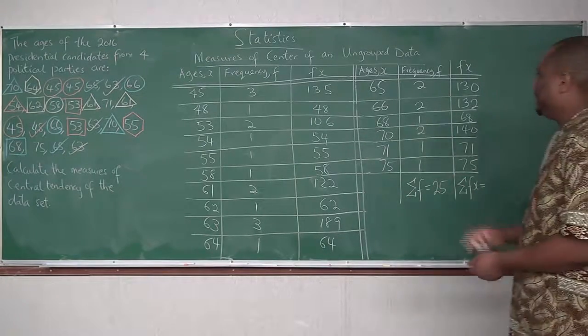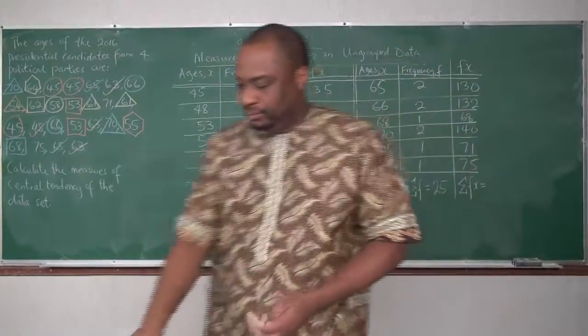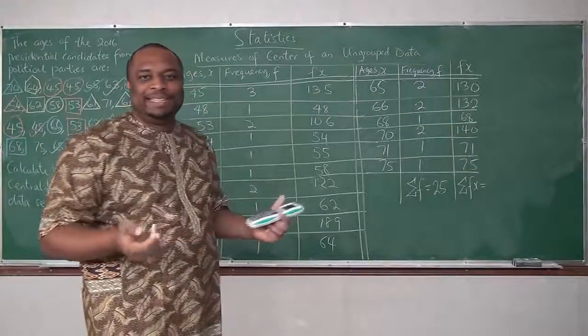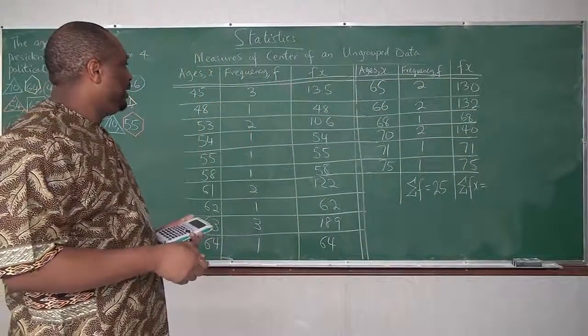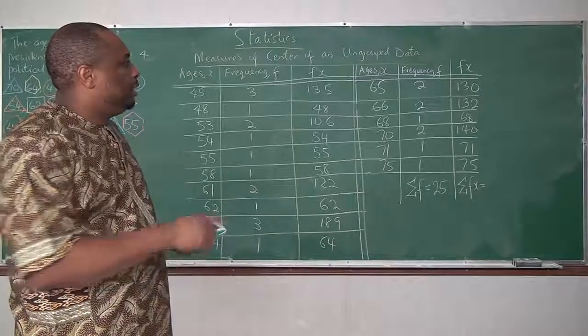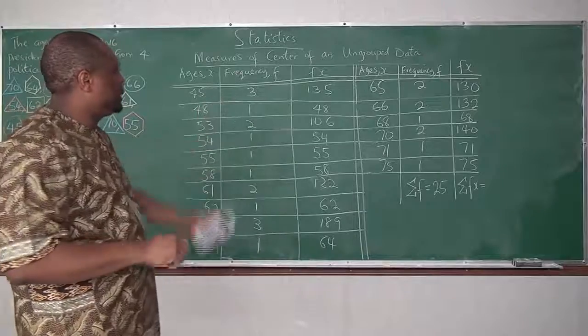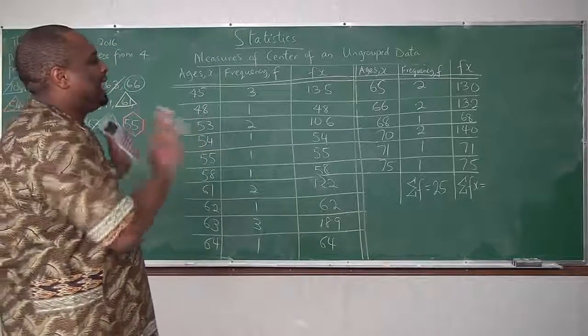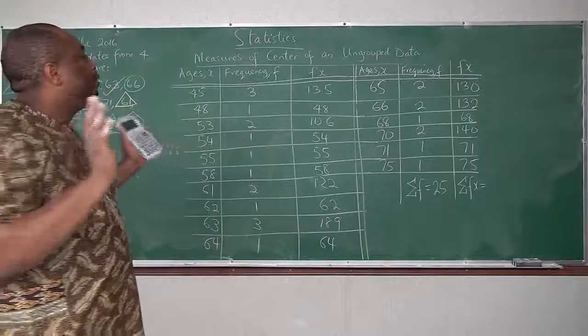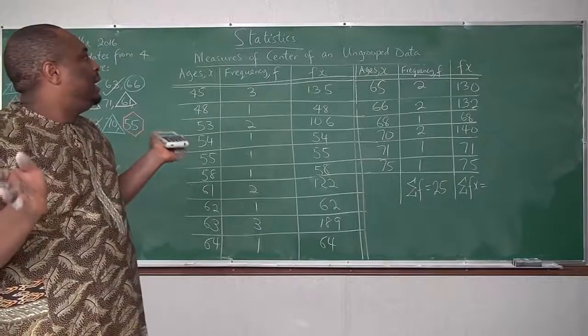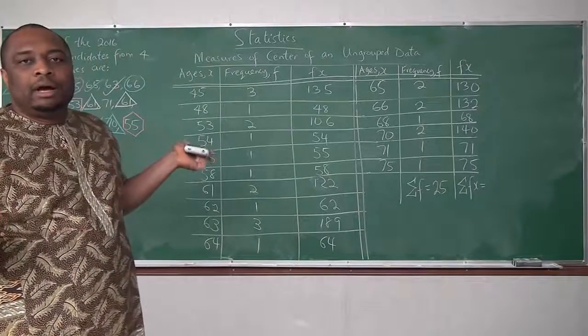Now let's go ahead and add this. To save time, I'm going to use a calculator, although I can do it in my head. We find sigma fx as well. This is where you have to set up the table. When you are doing ungrouped data, this is the way you set up the table.